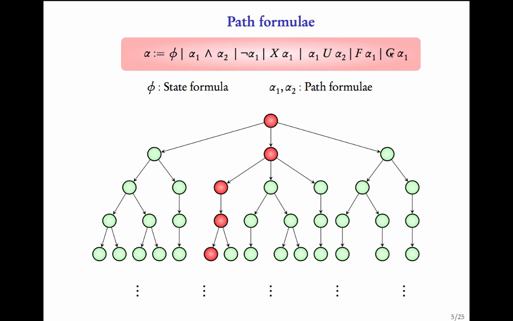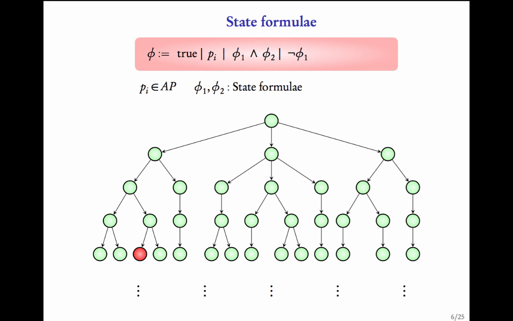So these are all formulae that can be evaluated on paths. Now let us get back to state formulae. So these were the state formulae, P1, P1 and not P2, P1 and P3 and so on. We saw path properties. Where do A and E fit?